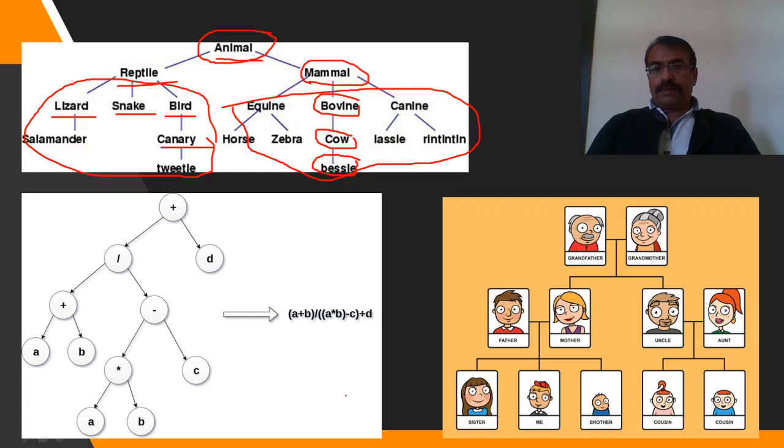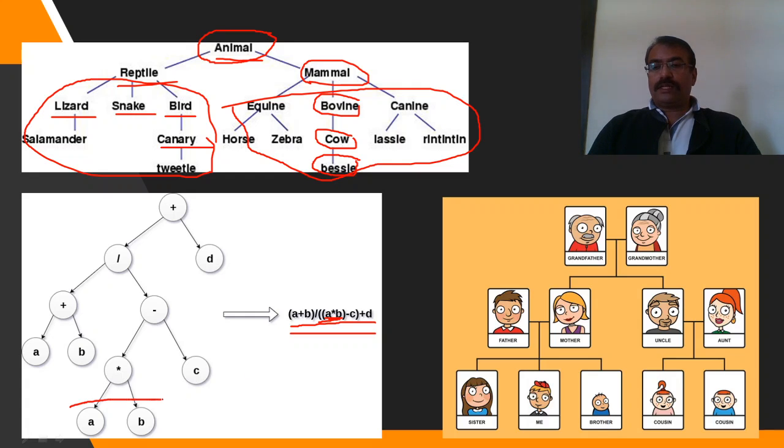Another example is evaluation of expression. We have already seen the evaluation of expression in postfix and prefix manner. So we have traversed the expression also in postfix, prefix and infix manner. In that example, based on the priority, the data will be arranged. You can see here, this would have been the innermost bracket possible. This is the innermost bracket.